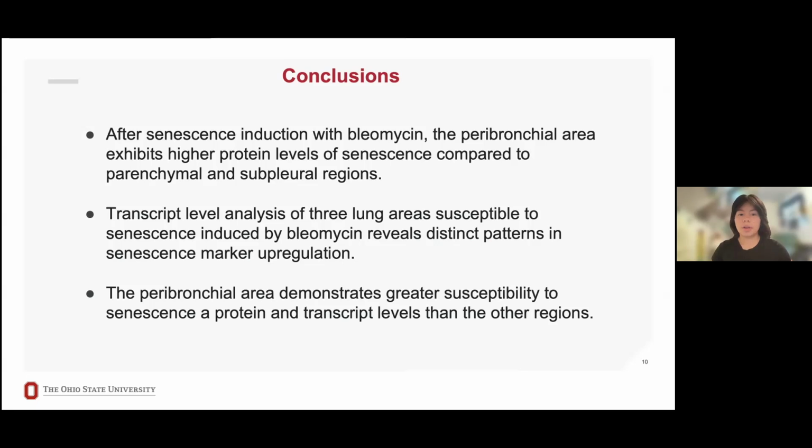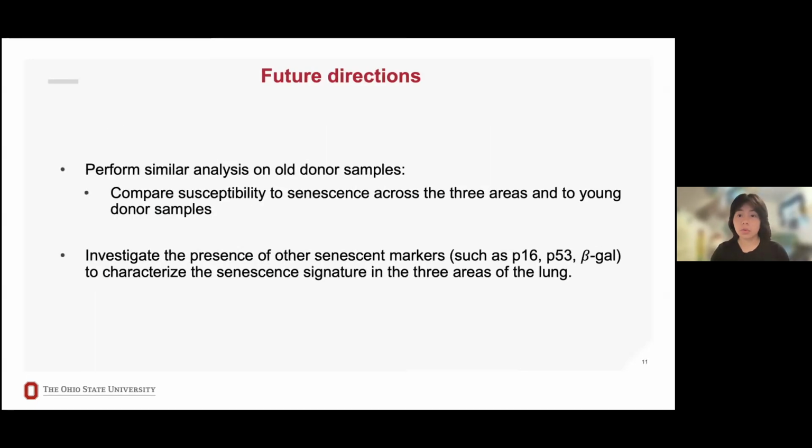The peribronchial area does demonstrate greater susceptibility to senescence at the protein and transcript levels than the other regions. So for future directions, it would be really nice to run this analysis on old donor samples. This way we can not only compare susceptibility to senescence across three areas, but also compare that to the young donor samples.